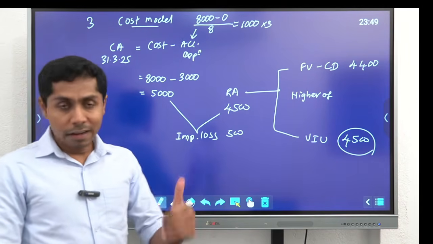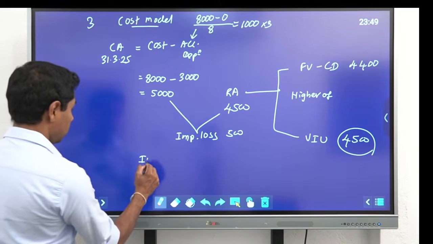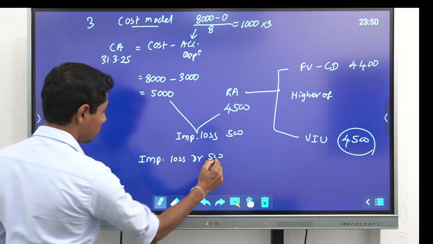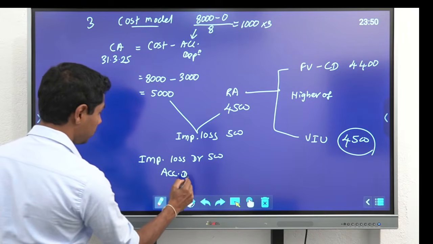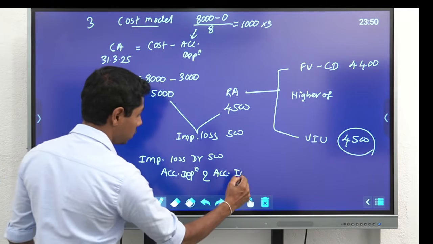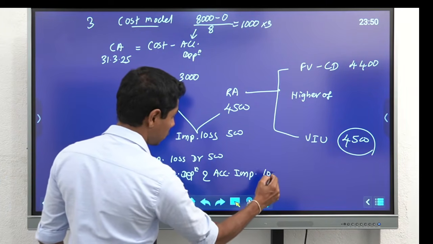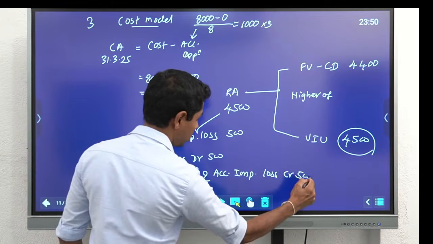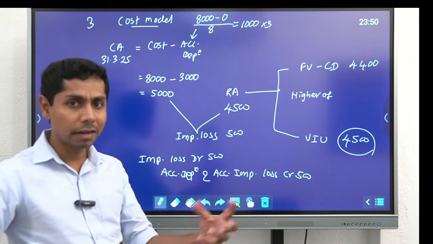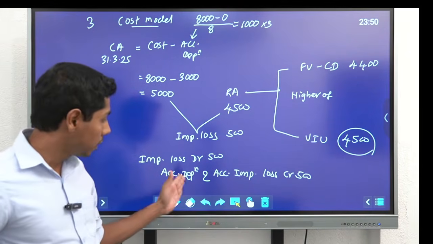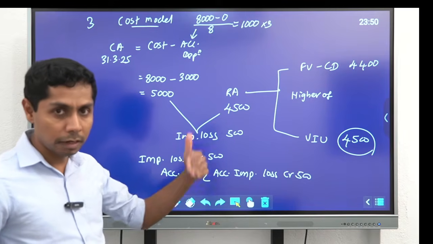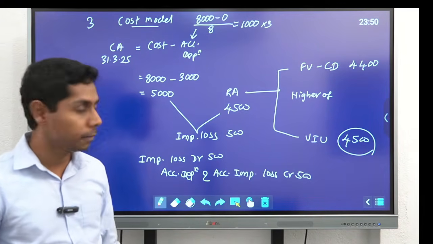Then the journal entries. Impairment loss account debit 500. Accumulated depreciation and accumulated impairment loss account credit 500. And remember, don't credit the asset account directly, right? So credit the accumulated impairment loss account without crediting the amount to the asset directly, right?